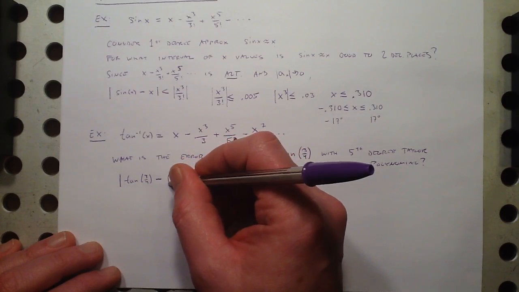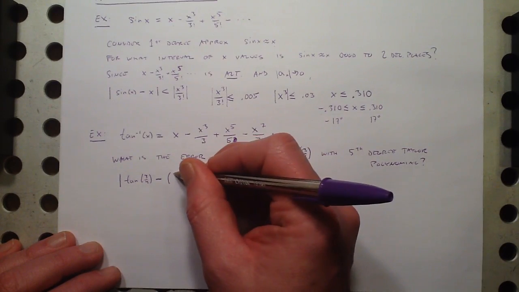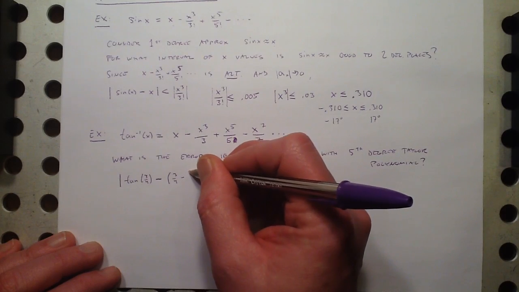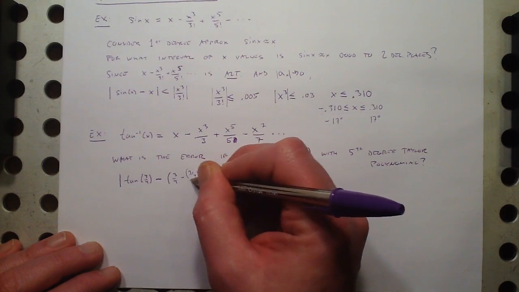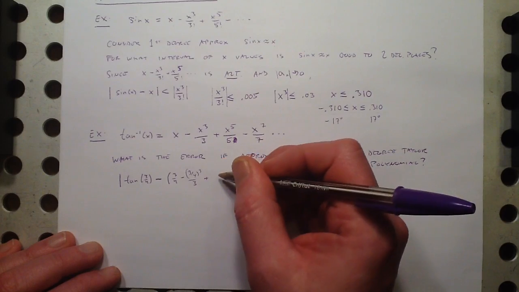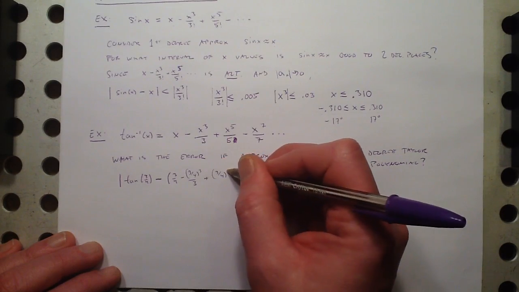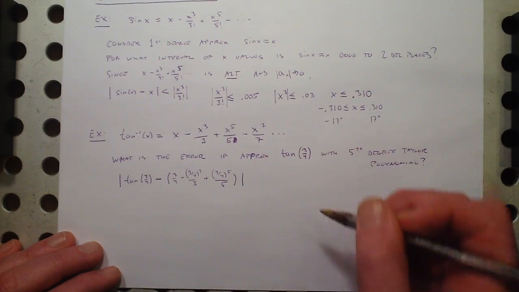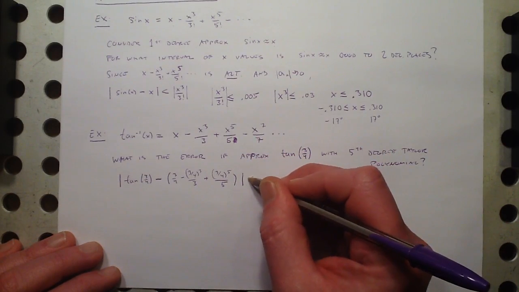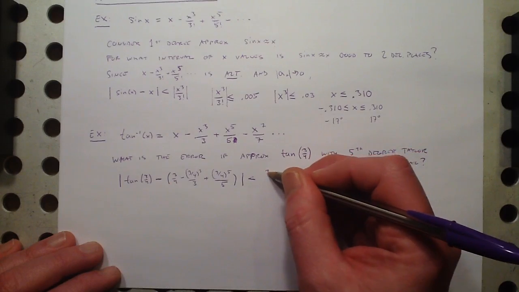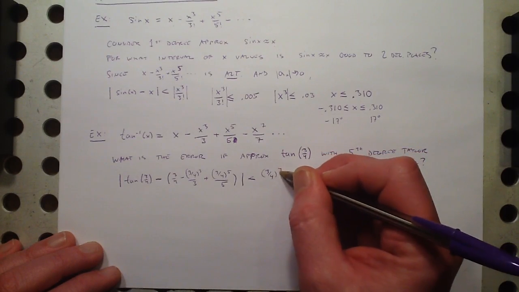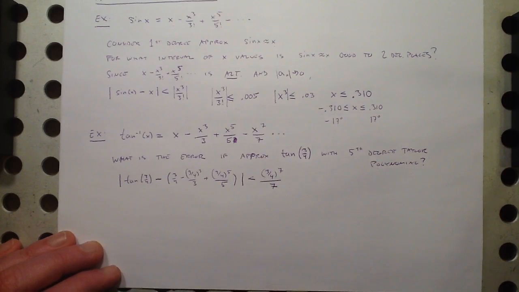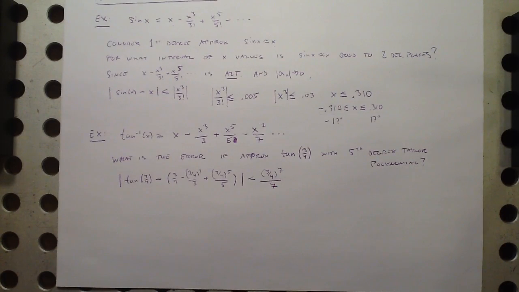That's 3/4 minus 3/4 cubed over 3 plus 3/4 to the 5th over 5. That is going to be less than the next term, which is 3/4 to the 7th over 7. So that's how good our approximation is.